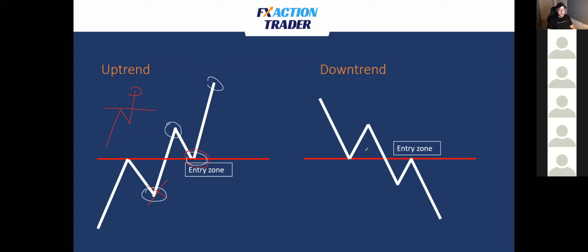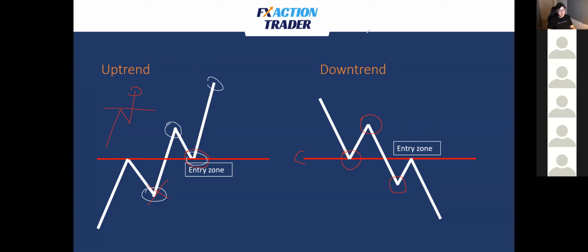For the downtrend structure, it's the same thing. We need to see market show us that there is a low being created, there is a lower high, and there is a new low being created that breaks below the previous low. And this becomes a key level. When market pulls back to the key level, this is the place where we look for entry.